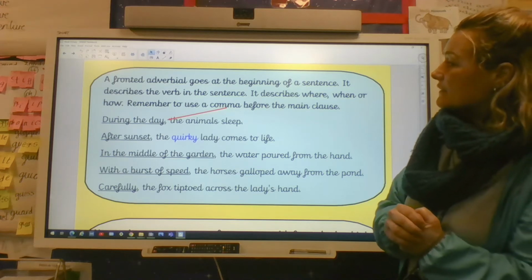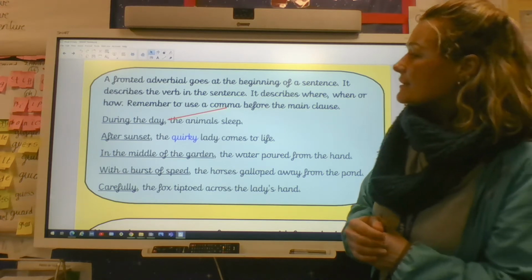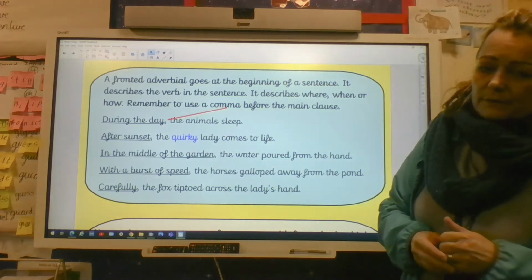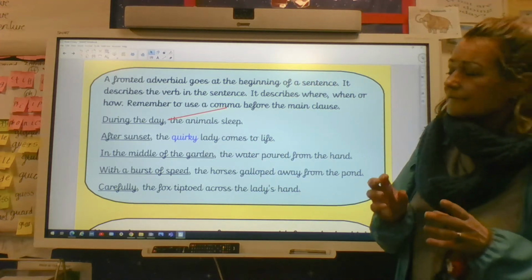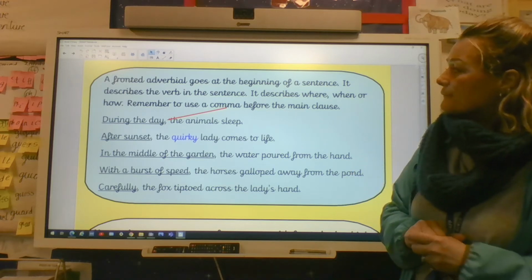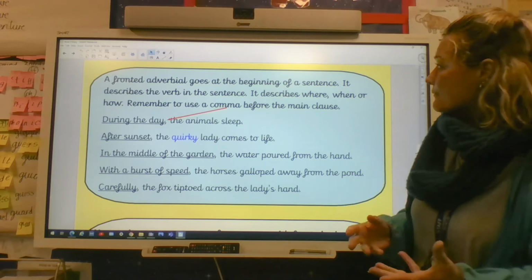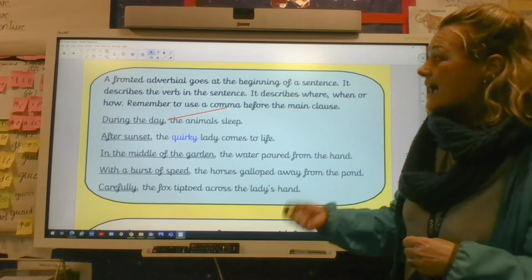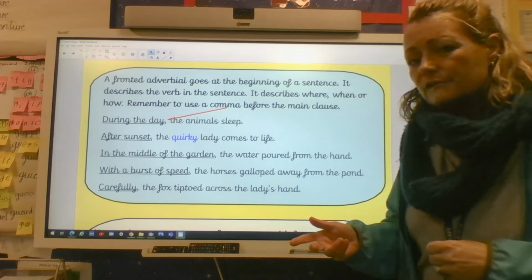So in my first example, during the day, comma, the animals sleep. My main clause is very simple, a simple sentence, the animals sleep. And then my fronted adverbial is giving me some information about when the animals sleep. So during the day, comma, the animals sleep.